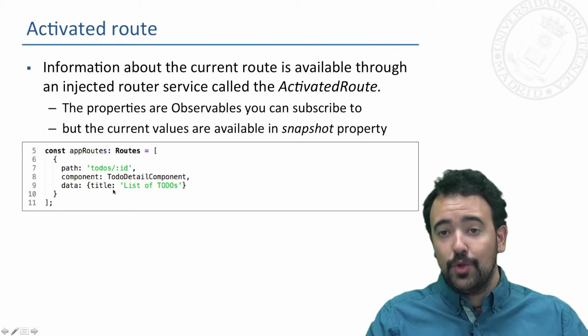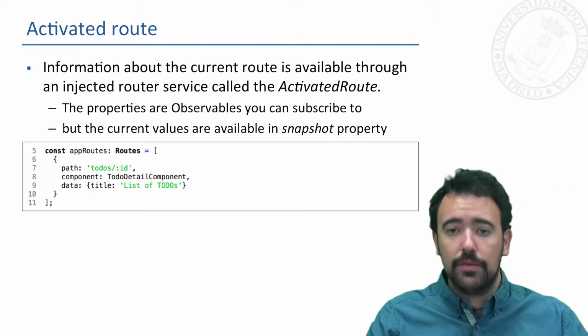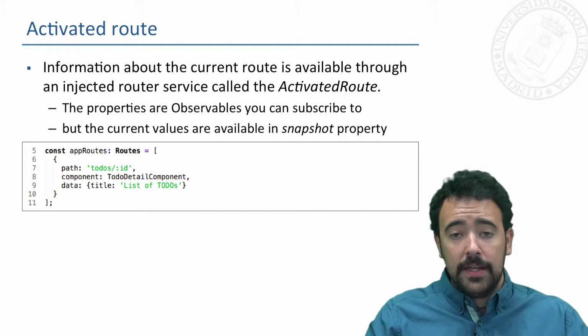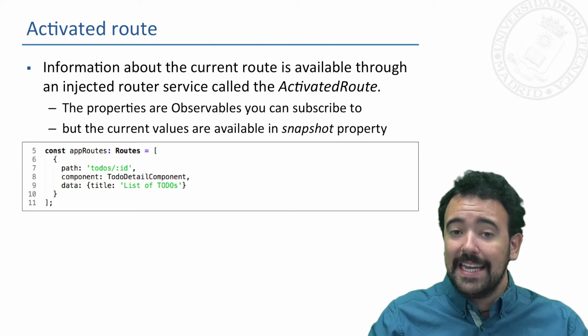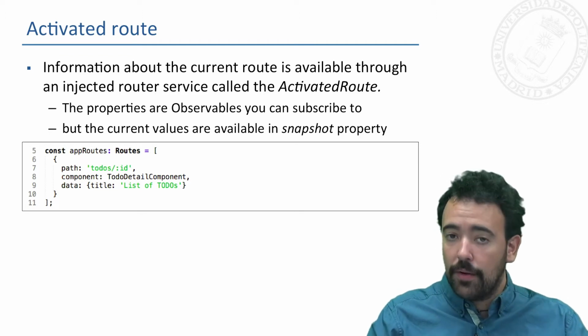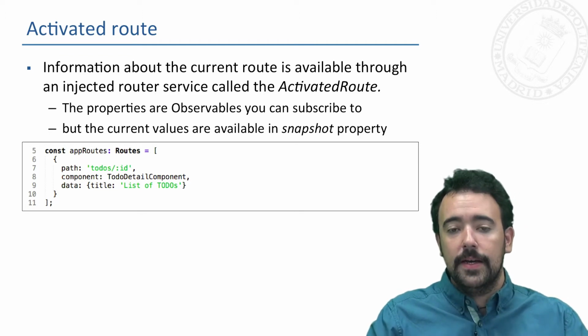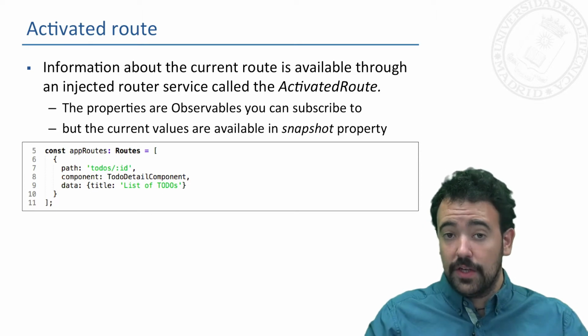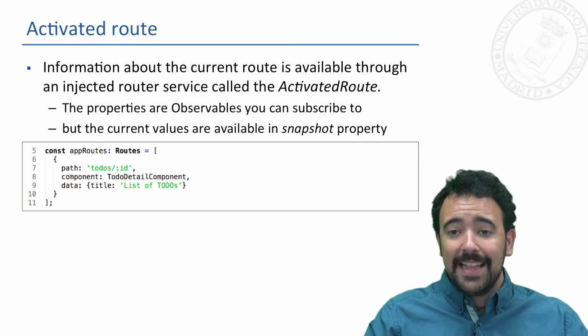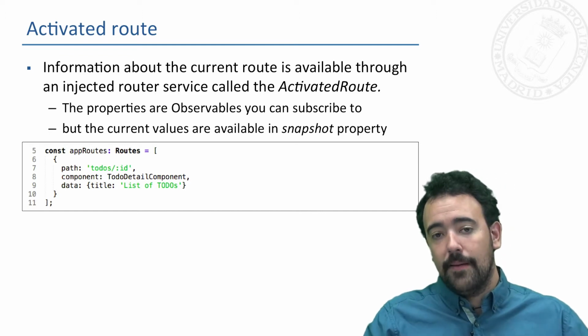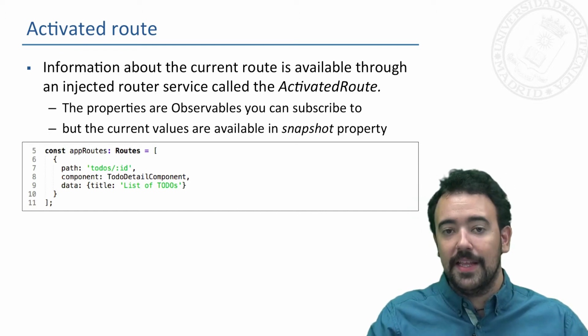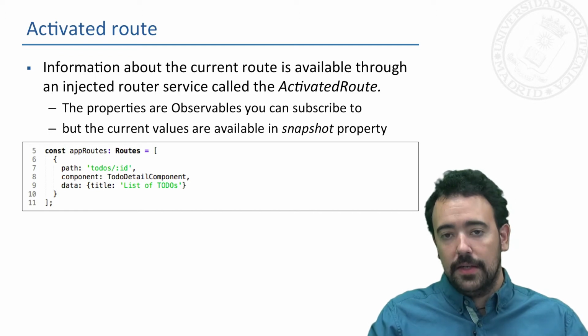This is possible thanks to the activated route. Activated route is a service that is automatically injected in every component that is managed using this routes feature in Angular, and that passes to the component this extra, let's say, data we can manage in the application.